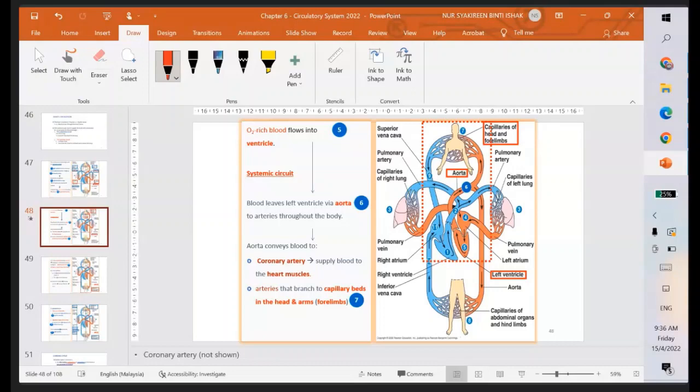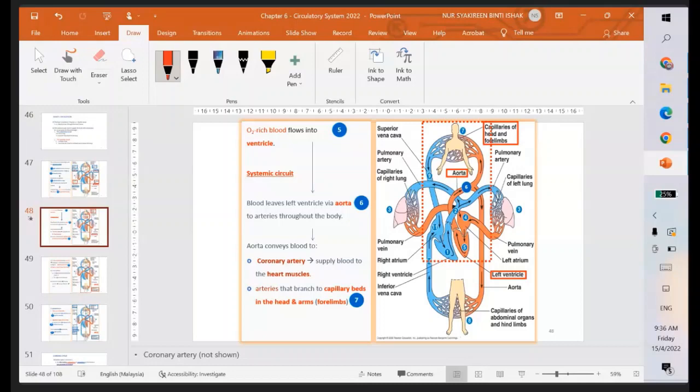Okay, so basically you have to know all the blood vessels that are involved in the flow of blood and also the chambers of the heart. The chambers of the heart are the right atrium, right ventricle, left atrium, left ventricle. If you look at this diagram, the right atrium and also the right ventricle are the chambers of the heart that receive oxygen poor blood coming from the systemic circuit. So here, this is the superior vena cava, and this is the inferior vena cava.